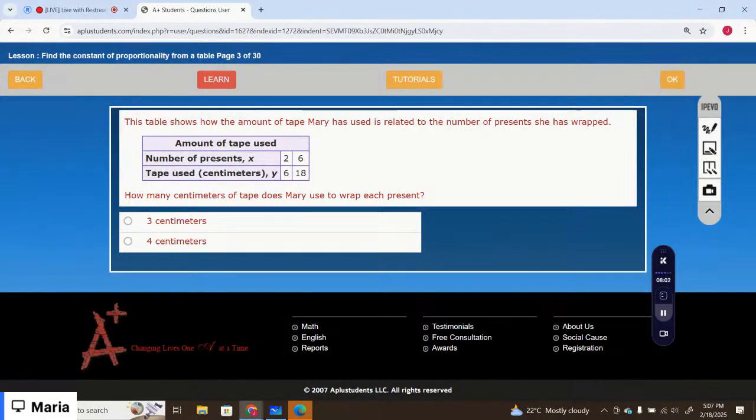The table shows how the amount of tape Mary has used is related to the number of presents she has wrapped. How many centimeters of tape does Mary use to wrap each present?